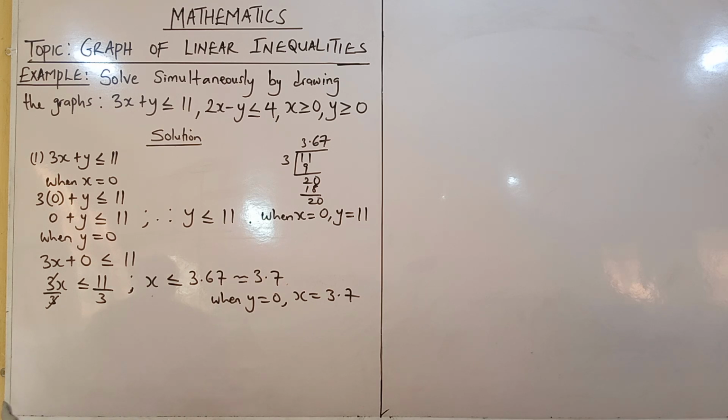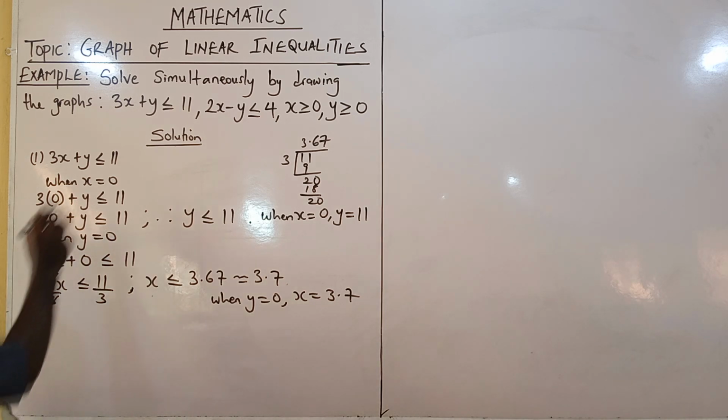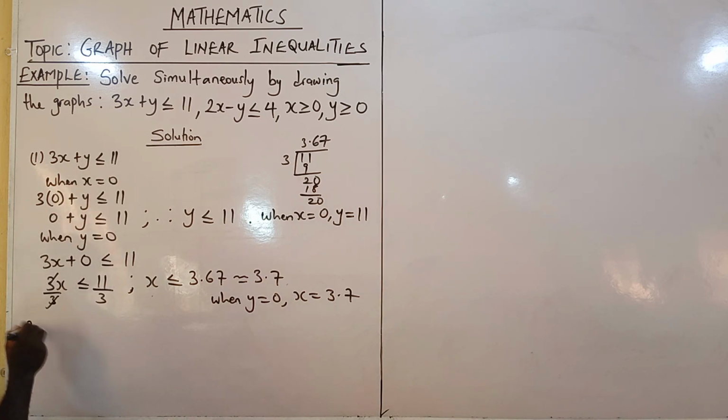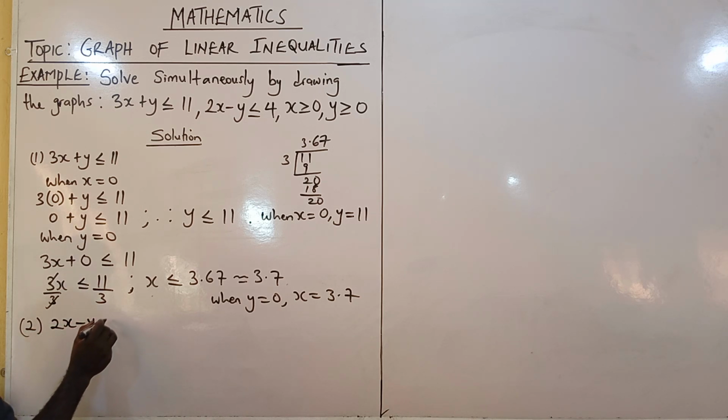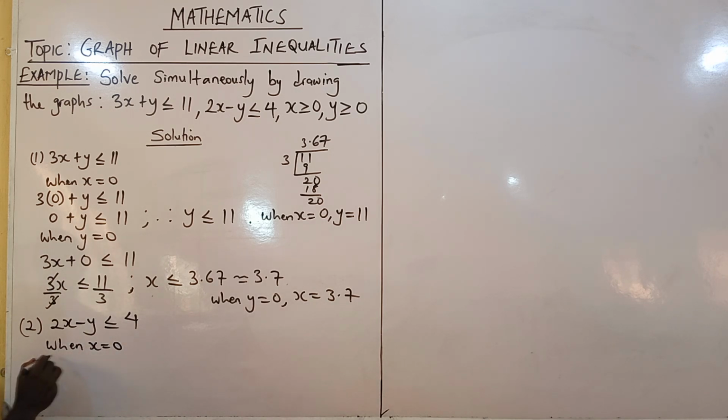Okay, now let's see the second one: 2x minus y less than or equal to 4. Let's see when x equals 0, what will be our y? Let's substitute: 2 times 0 is 0, minus y less than or equal to 4.